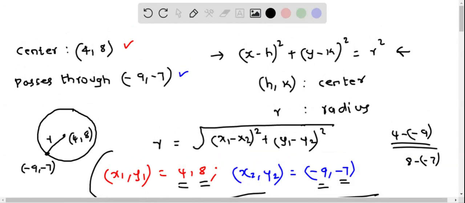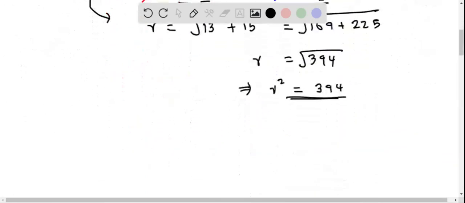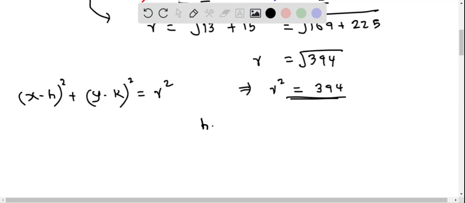So let me copy the standard form over here, which is (x - h)² + (y - k)² equal to r². We know that (h, k), which is the coordinate of the center, is (4, 8). So I can plug into this standard form.